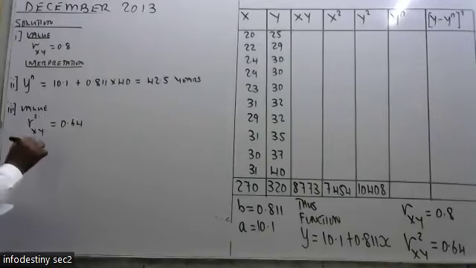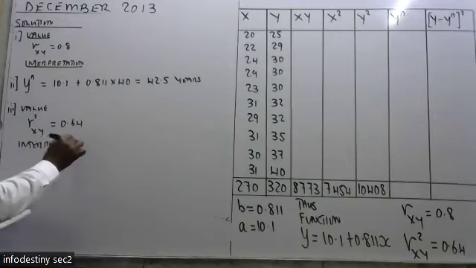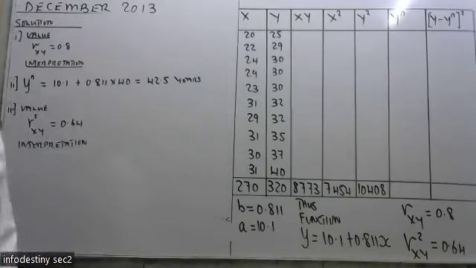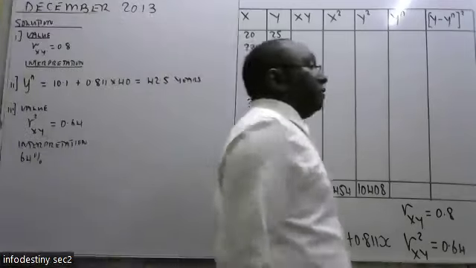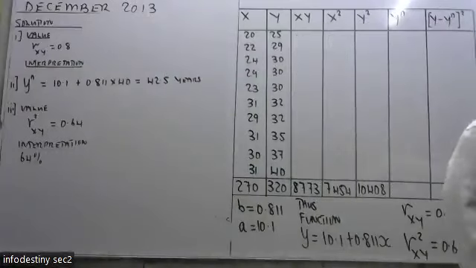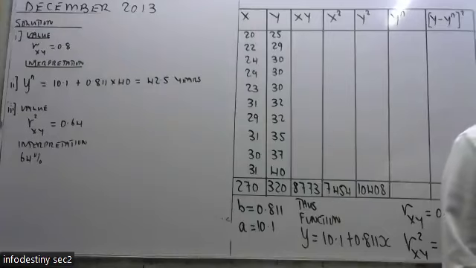And the interpretation or the meaning of that is that 64% of the age of the husband is explained by the age of the wife.